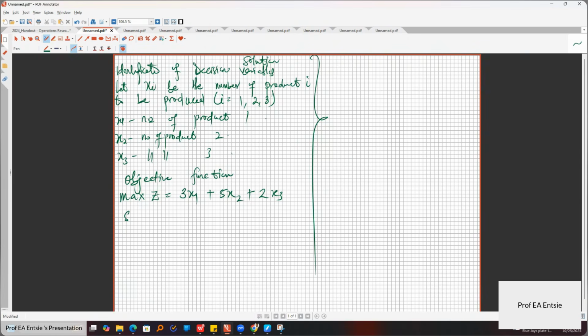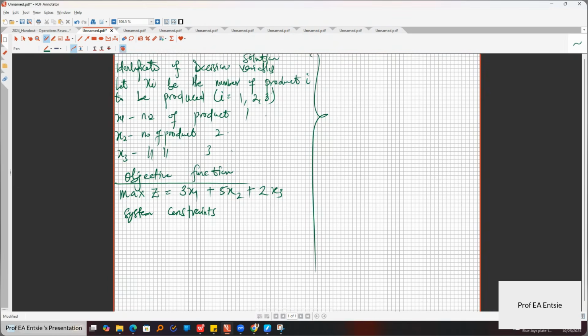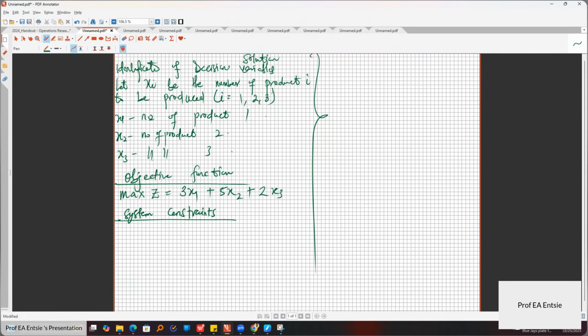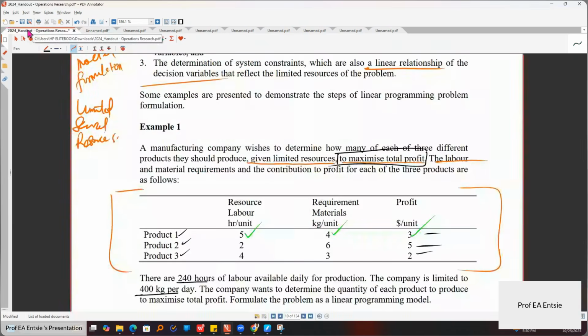Then we have what we call the system constraints. This is the objective function and the system constraints. We look out for the constraints. Typically we have two headings.